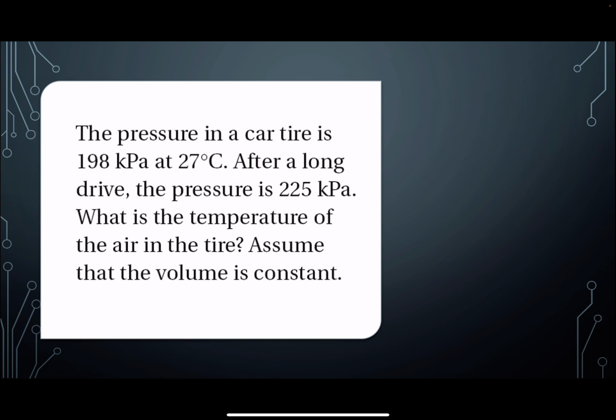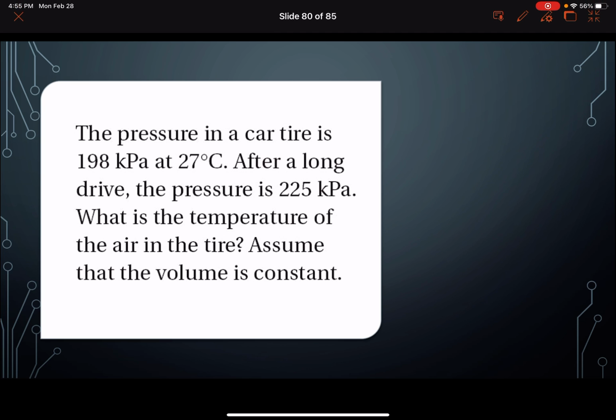Okay, we're going to do one more. The pressure in a car tire is 198 kilopascals at 27 degrees Celsius. After a long drive, the pressure is 225 kilopascals. What is the temperature of the air in the tire? Assume that the volume is constant. We have a pressure 1, a temperature 1, a pressure 2, but we don't have a temperature 2.